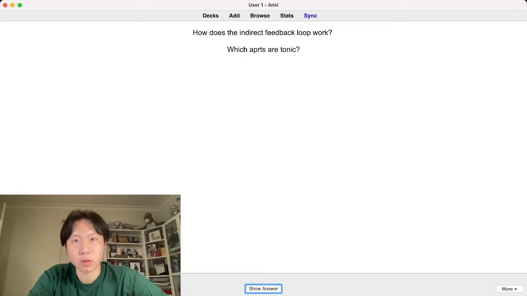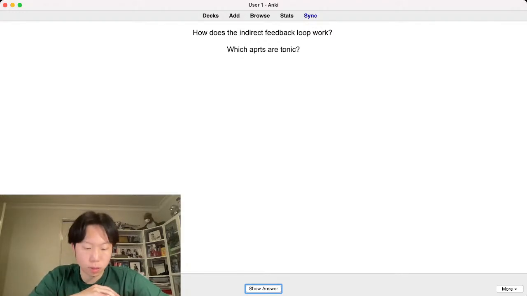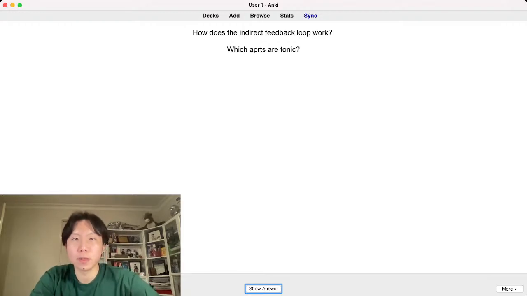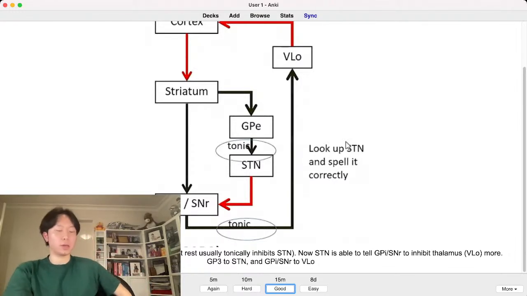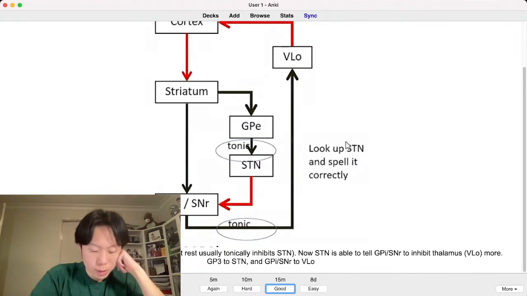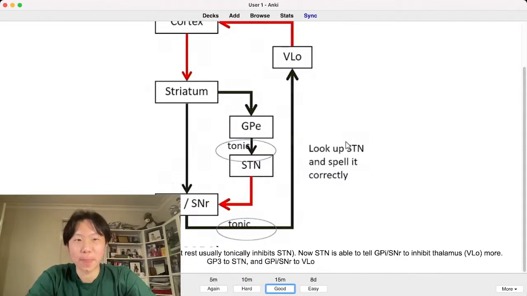How does the indirect feedback loop work? Okay, I think I had it here. Striatum will now inhibit globus pallidus externa, which will support the subthalamic nucleus. I don't know what STN stands for.